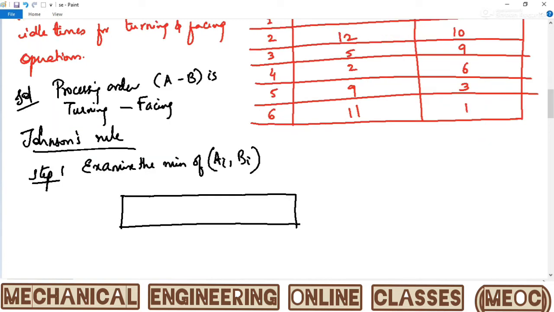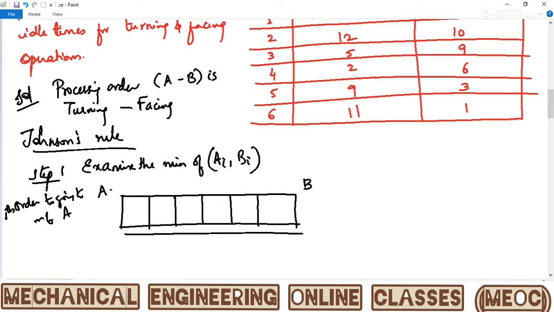So what all jobs should first go to A and then B. This is for job orders going to machine A. So because of 6, it will first go to A, last go to B.